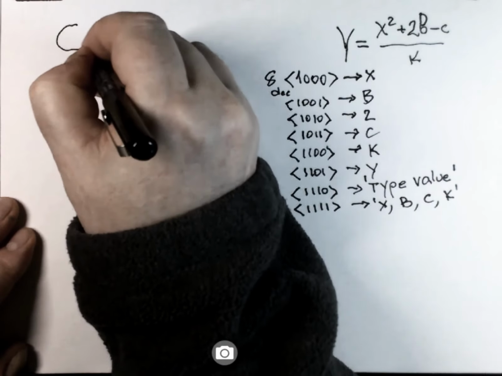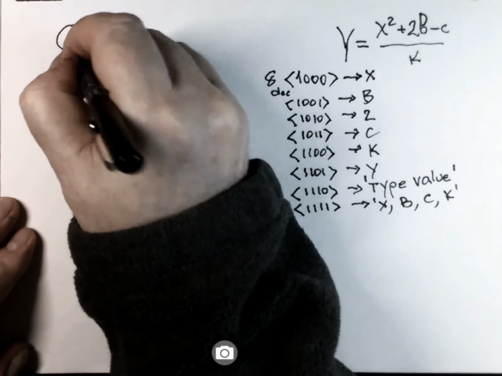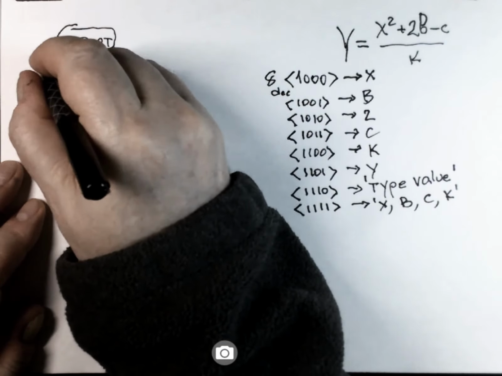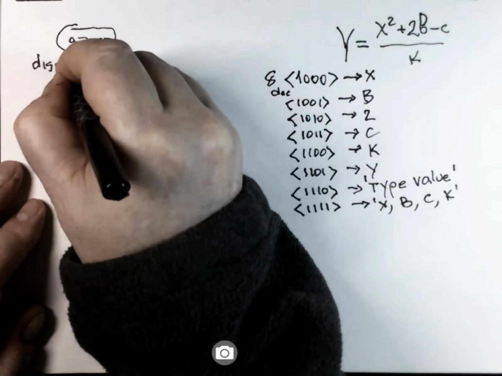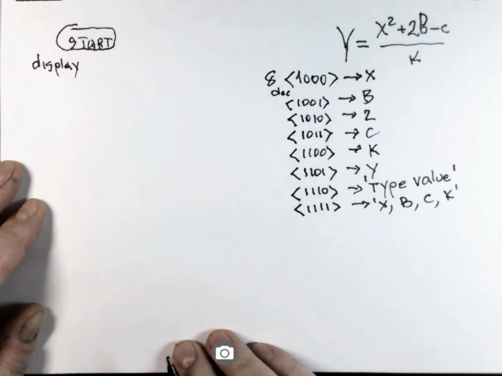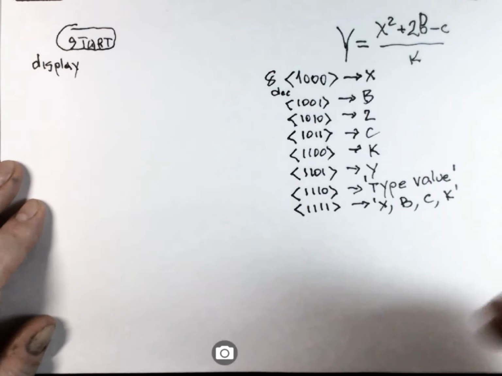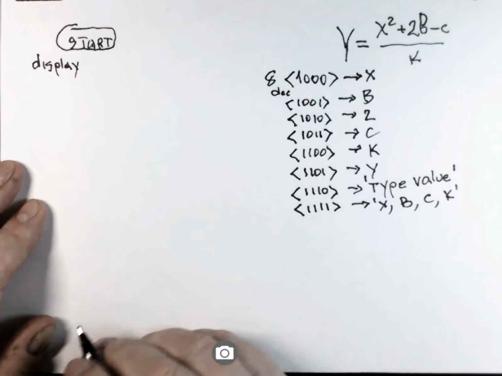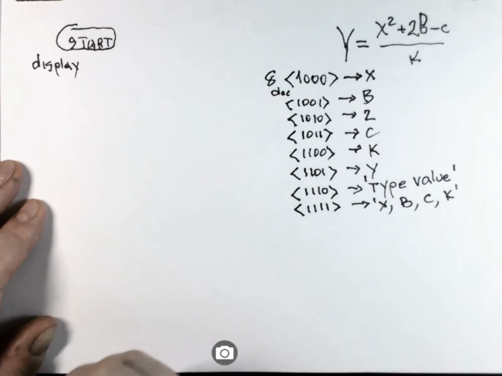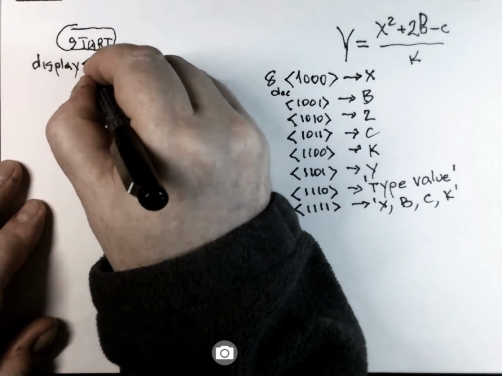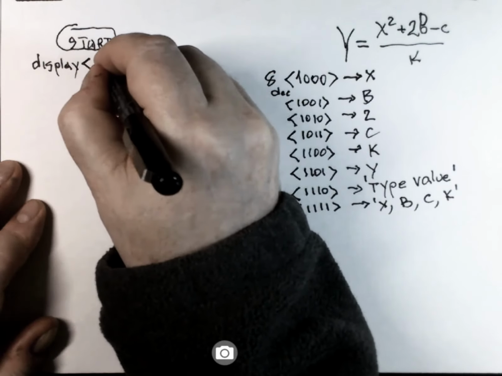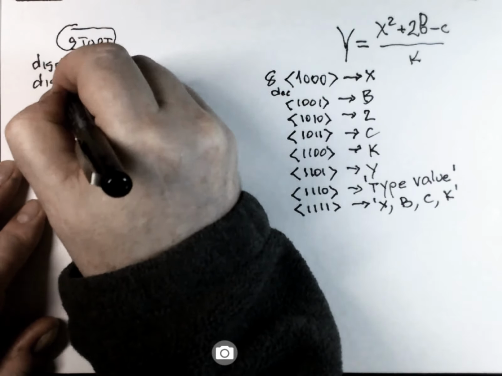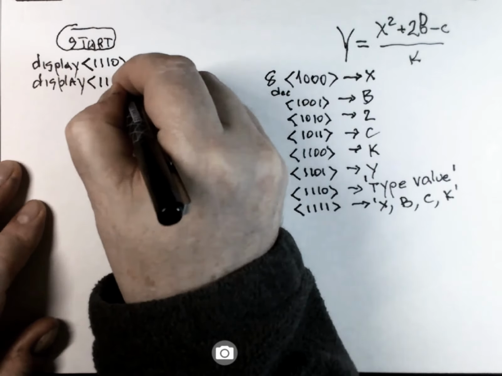So definitely I will start this calculation, start, and the first will be the command display. Display, folks, is the command which will send certain information in textual form to the monitor, and that will be display two cells in sequence, 1110, and the next command display cell 1111.